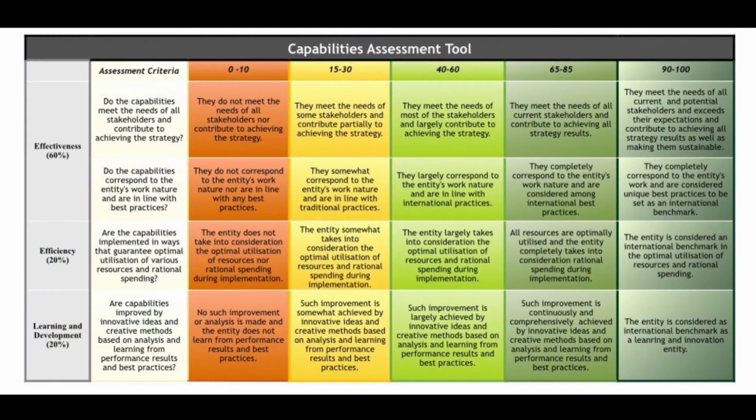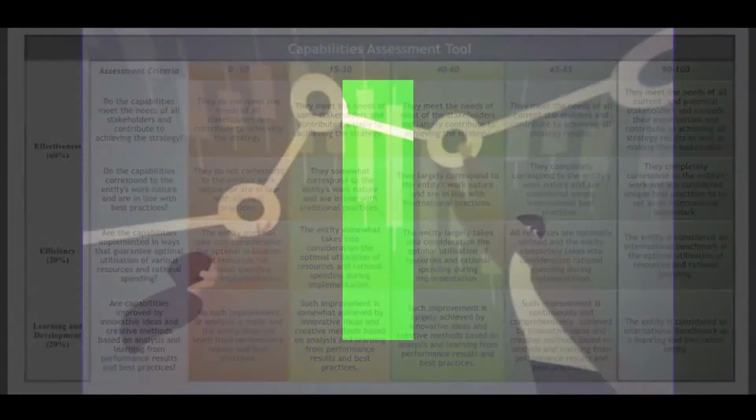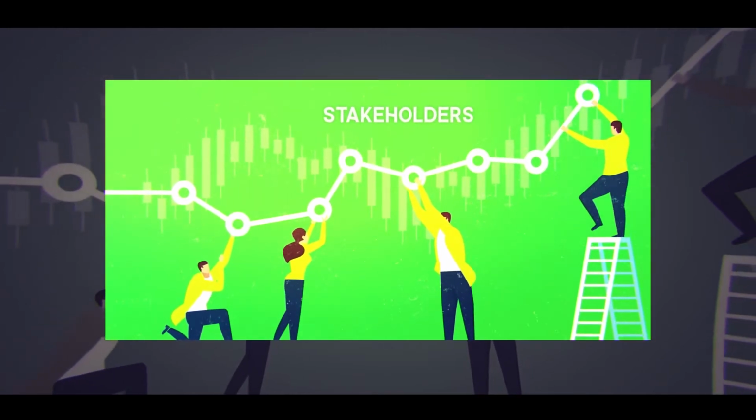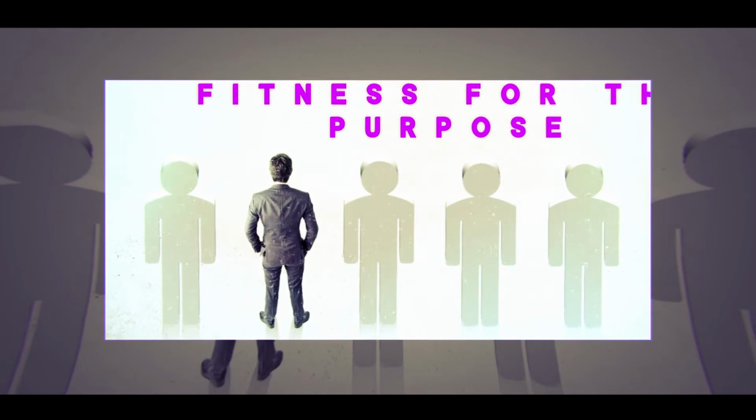As the previous capability assessment tool indicates, the assessment criteria tend to leap directly into an evaluation of capabilities and whether they meet the needs of the various stakeholders without raising the question about design or fitness for the purpose.